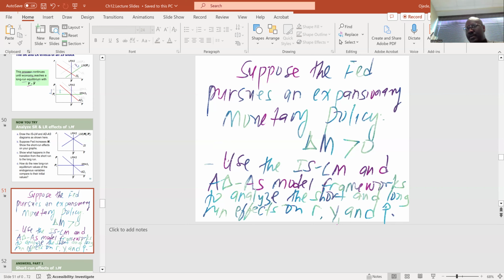So here it is not government spending, not Congress decreasing spending. Here the Fed is increasing the money supply, a monetary expansion.